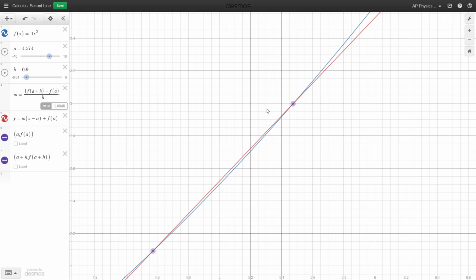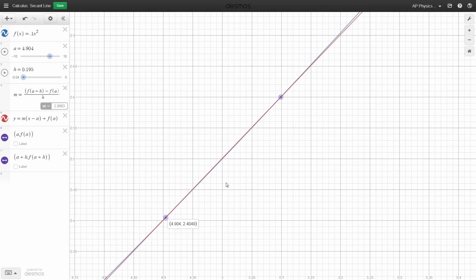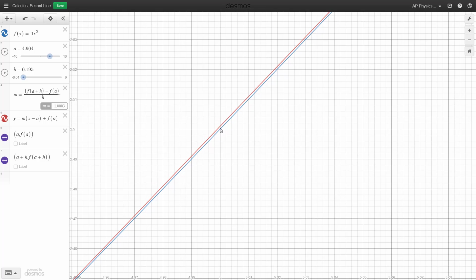So I'm going to bring these points even closer to 5 seconds, about a half second on either side, or something like 1/10 of a second. Let's see what happens. Zooming in, zooming in. Oh my gosh, look. I'm still not quite there.